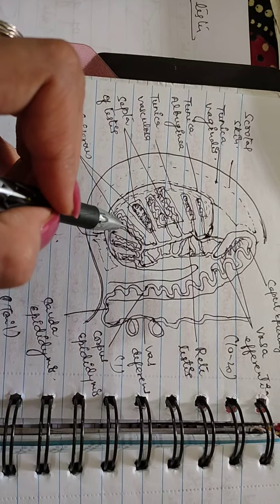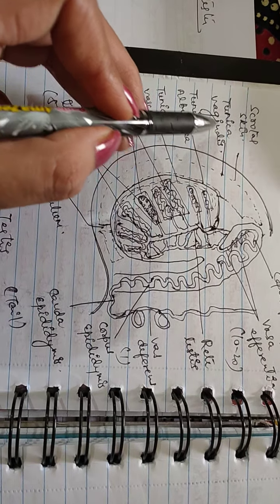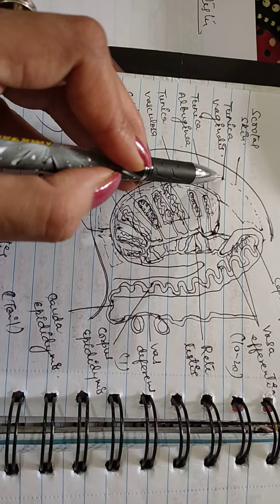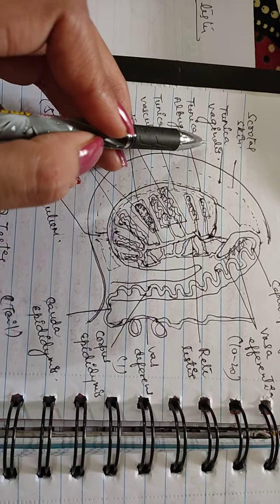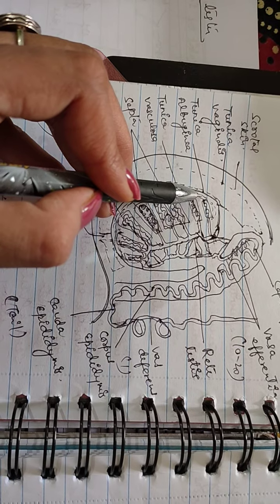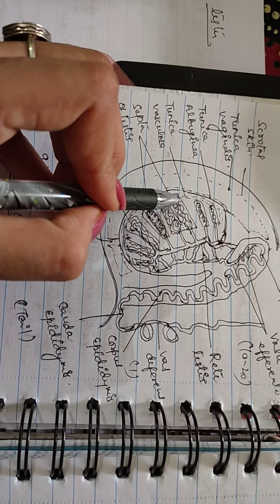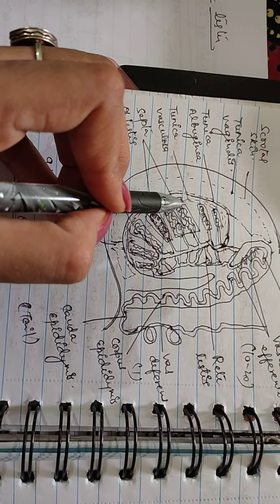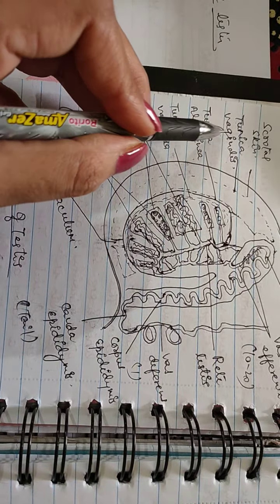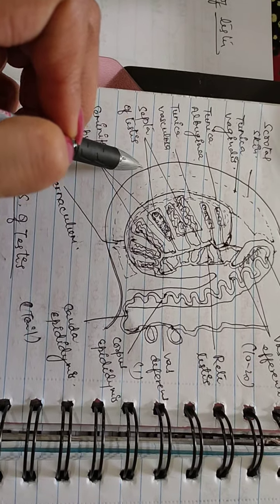testicular lobules. You can see here, this is the tunica vaginalis and tunica albuginea. The outer one is known as tunica vaginalis and the inner one is known as tunica albuginea, and the innermost layer, which is vascularized, is known as tunica vasculosa.